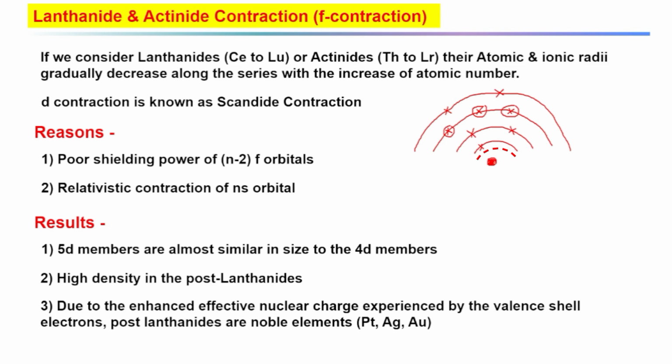It is attracting all the electrons, right? It is attracting this one, this one, all of these electrons. Now the inner electrons are screening the positive charge of the nucleus. If they fail to screen that, if their shielding power is not good, then the nucleus will have higher attraction to this outermost electron, right?